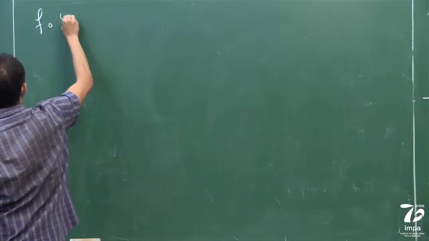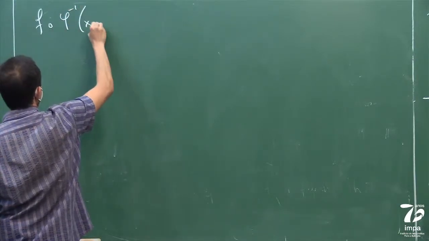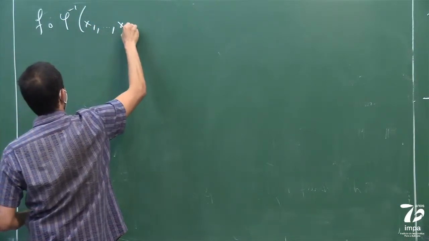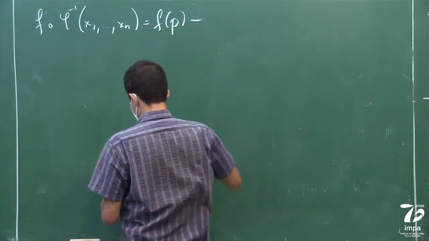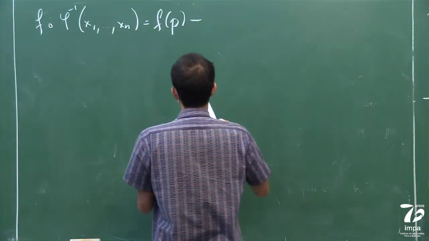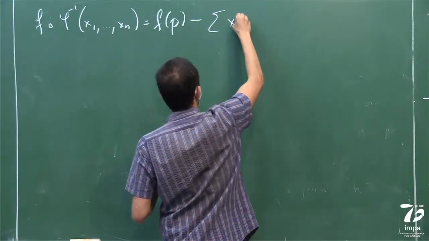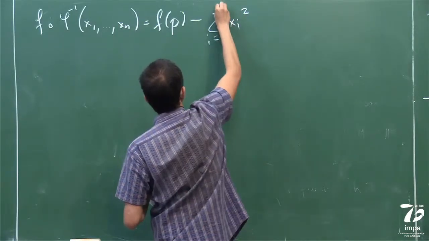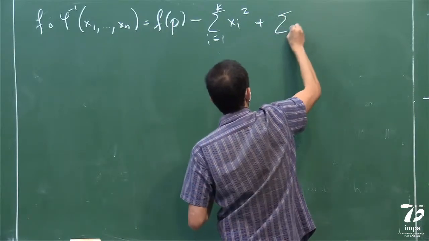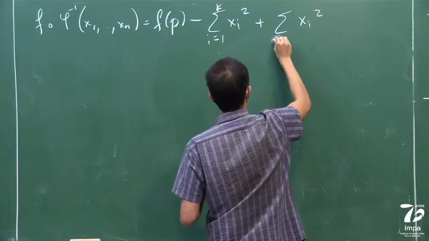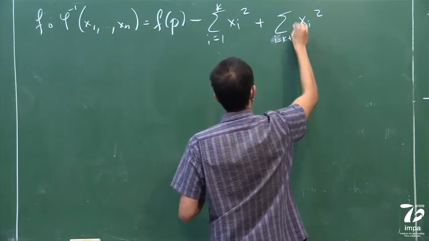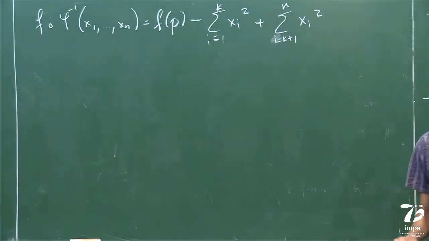F composed with phi inverse of x1 to xn is equal to f of p minus x1 squared, i equals 1 to k, plus xi squared, i equals k plus 1 to n, for some k.